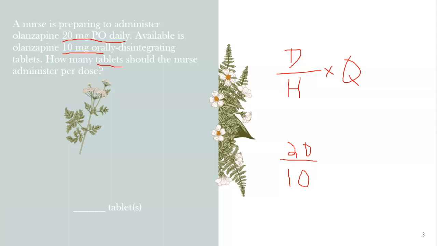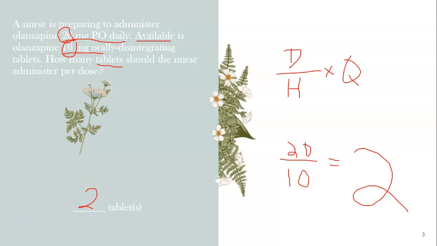20. So the 10 is on the bottom because that's what I have available. The order is for 20. I put that on top. Just want to make sure. 20 divided by 10 would equal 2 tabs.